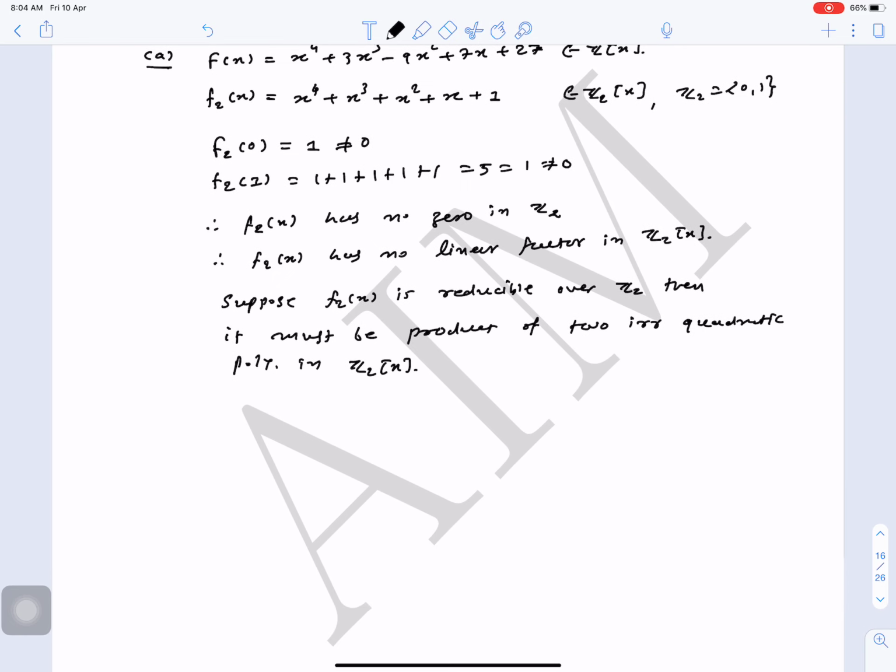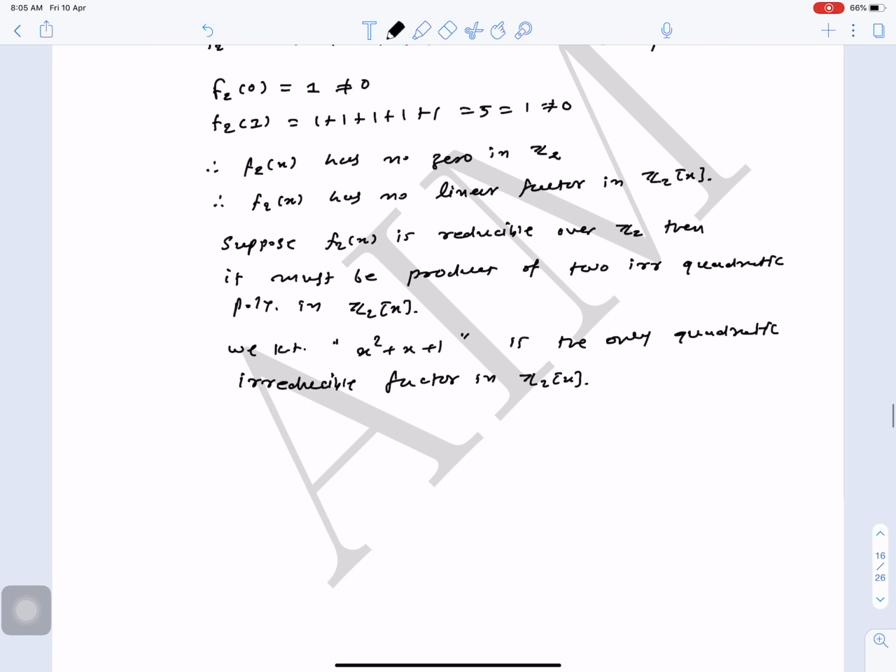And we know that x square plus x plus 1 is the only irreducible quadratic factor in Z2.